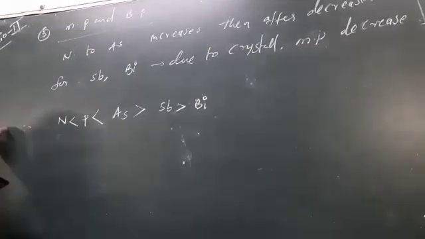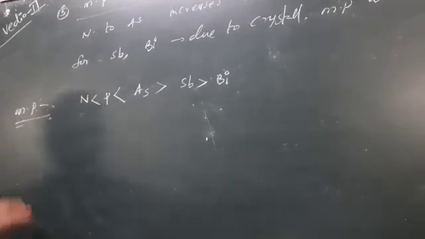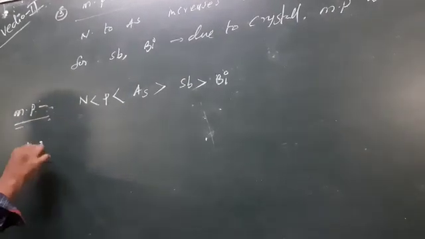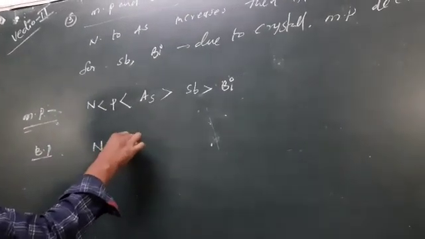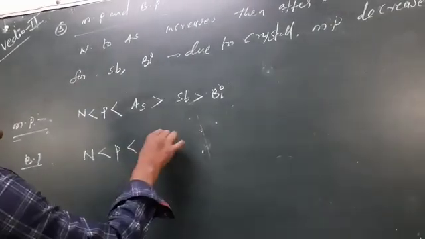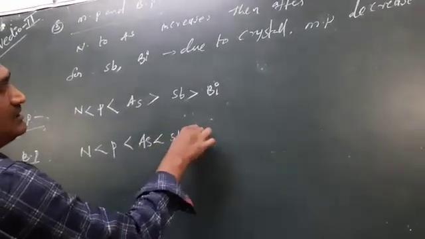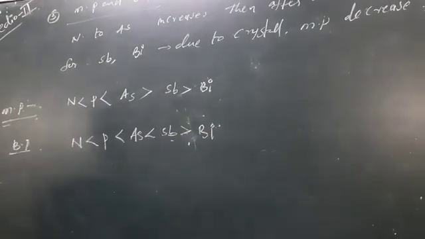This is the melting point order. In the case of the boiling point order, nitrogen is lowest, then phosphorus, then arsenic, then antimony and bismuth.